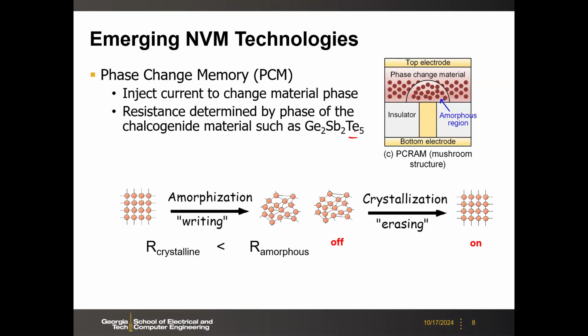This material has a property that is based on the crystal structure. If it's ordered, meaning these atoms are aligned regularly, this is called the crystalline phase. By heating this local region, you melt this crystal structure.